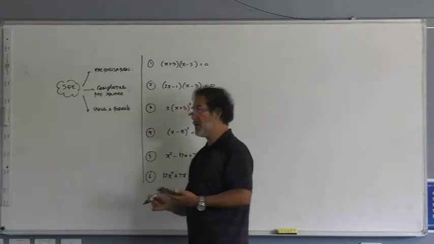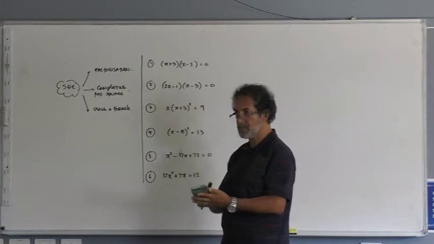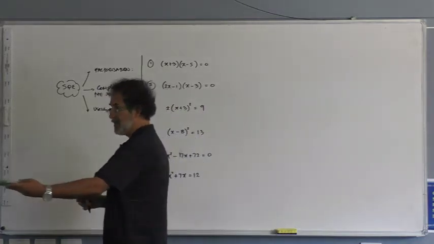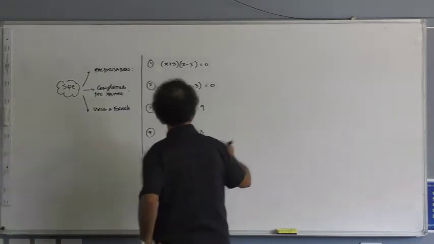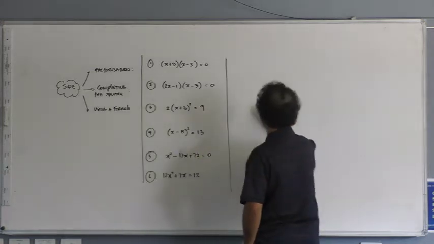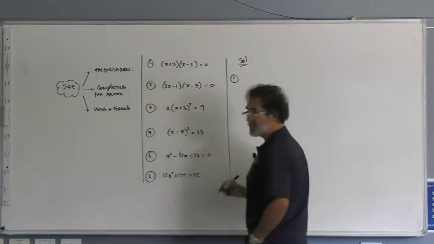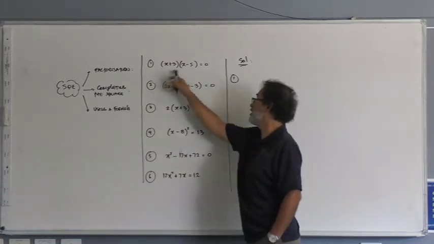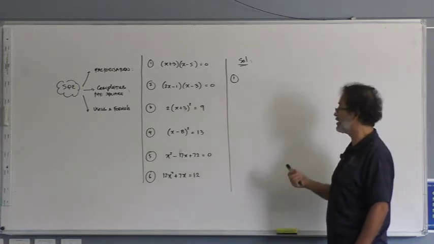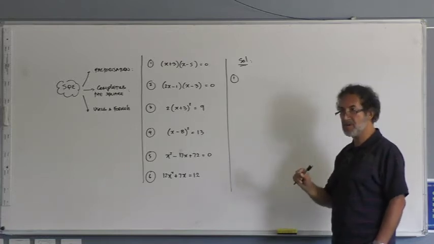Okay, so we have these 6 different equations. I said to you yesterday that if you have an equation given in factor form, then it's easy. Because all you have to do is split the factors and set each one of them equal to 0, and then that's it.